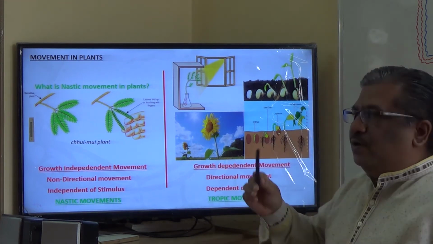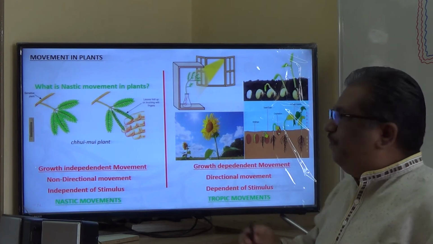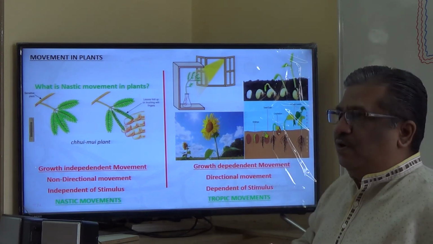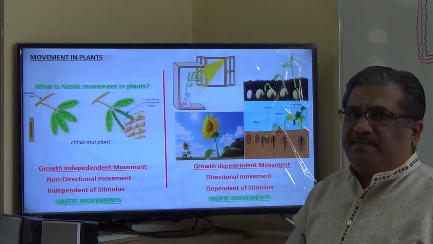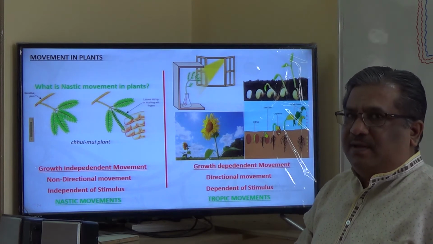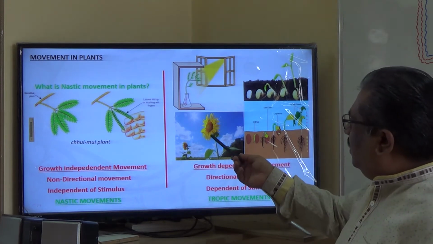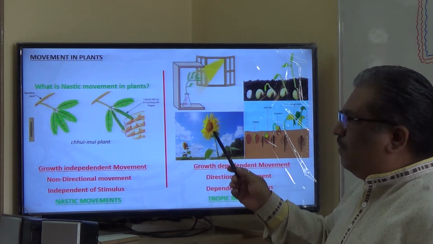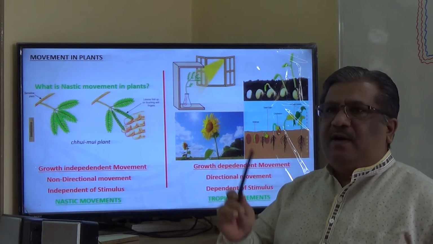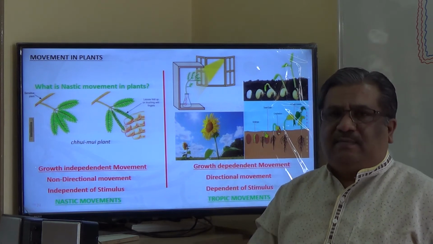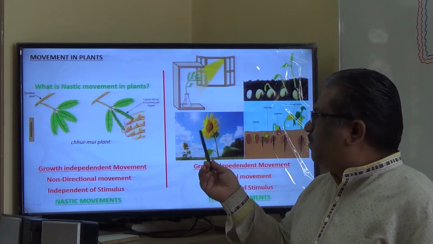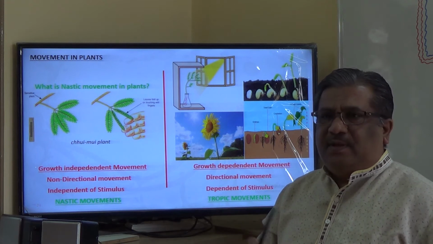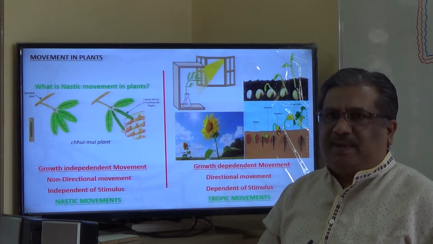Roots grow towards the force of gravity. Shoots grow opposite to the force of gravity. Here, this is a sunflower. Always the flowers will be directed towards the sun. How is this possible? How are these movements possible?